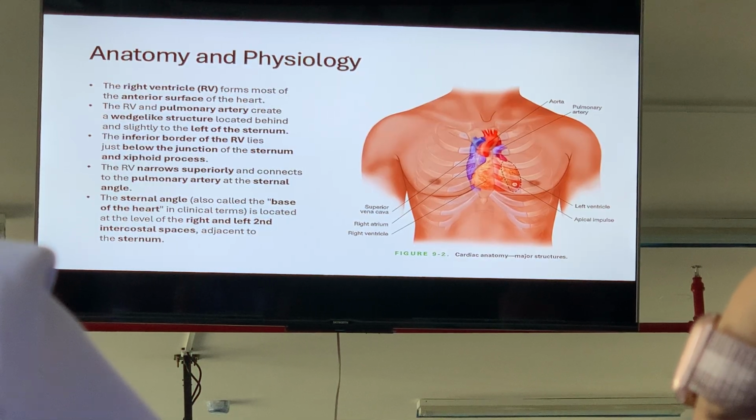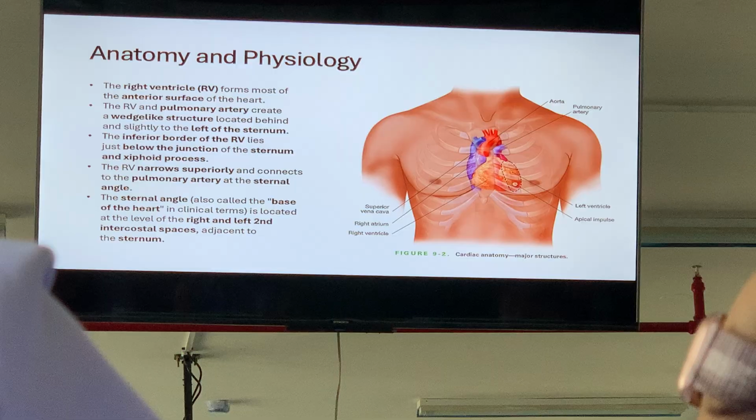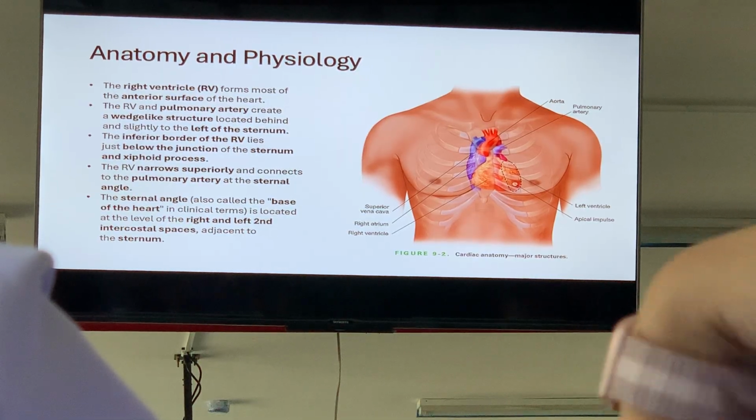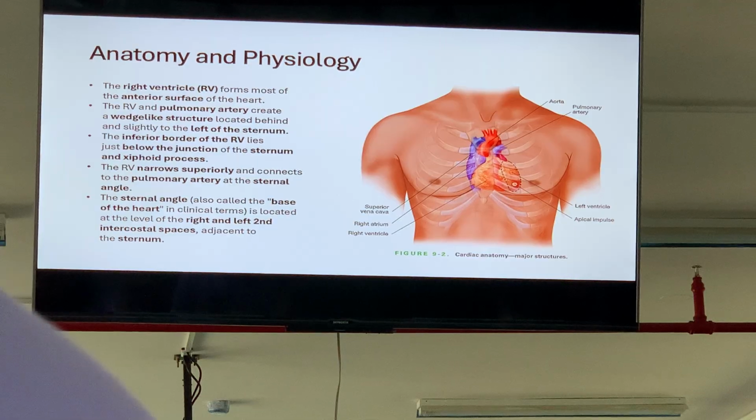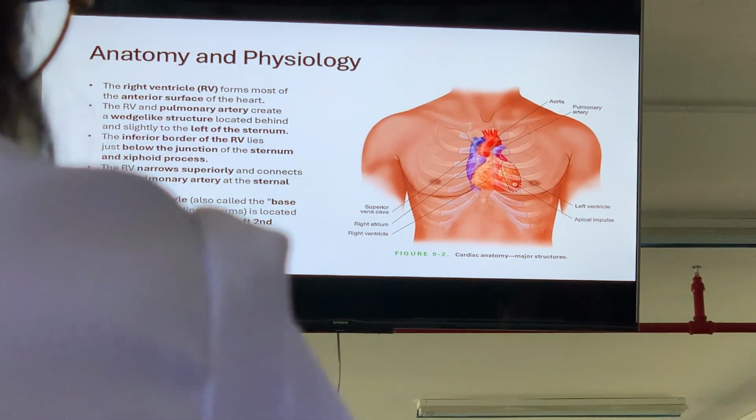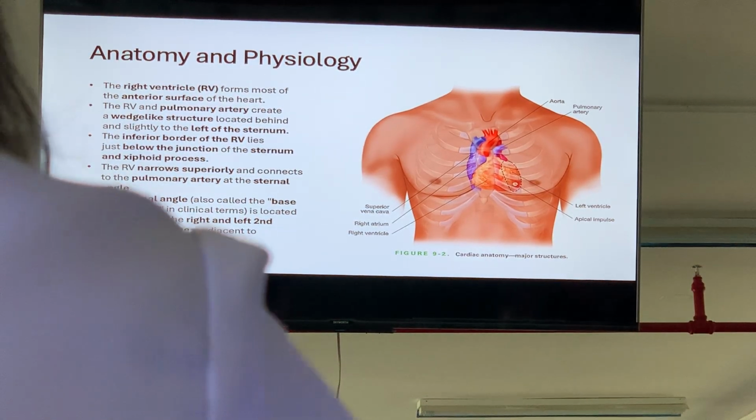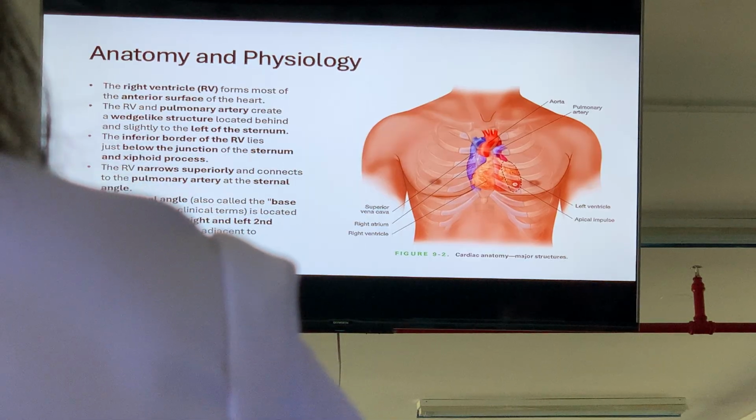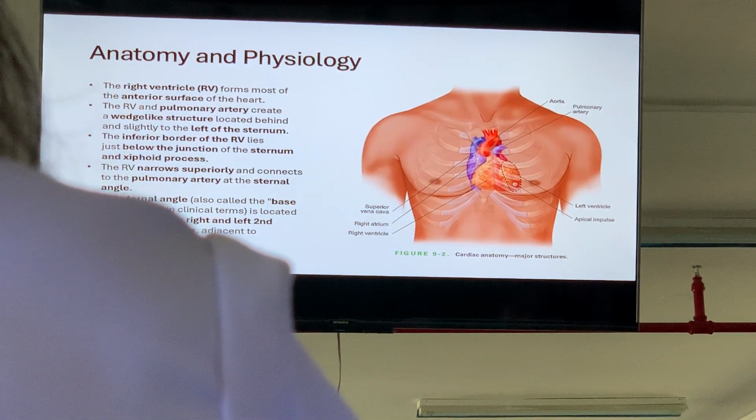The inferior border of the right ventricle lies below the junction of the sternum and the xiphoid process. The right ventricle narrows superiorly and connects to the pulmonary artery. What's important here is the sternal angle of Louis, also called the base of the heart, located at the right and left second intercostal space.